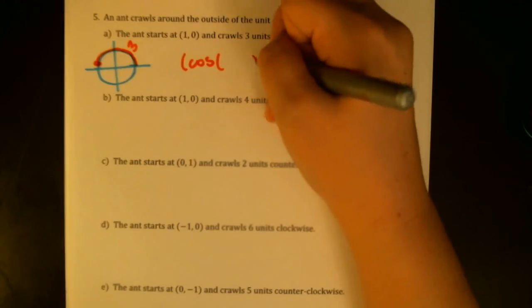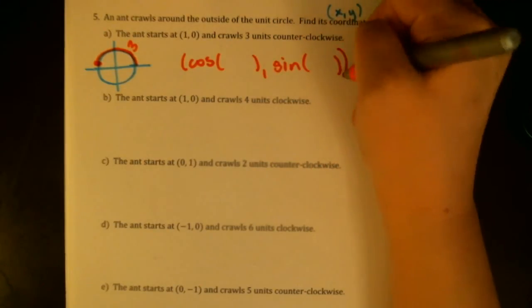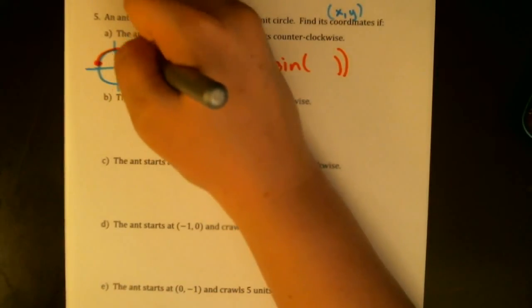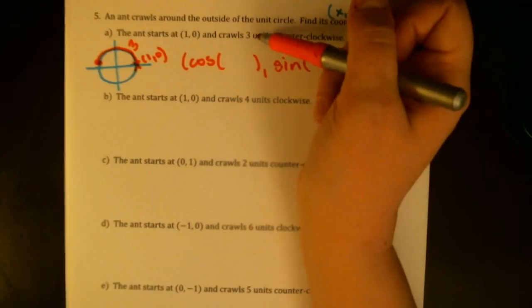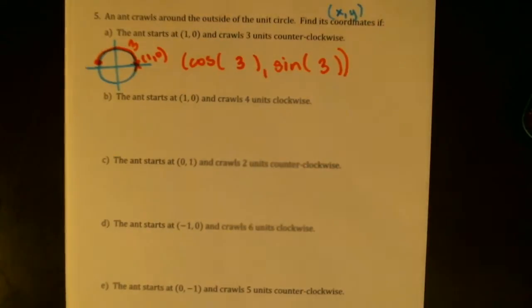And I get the y coordinate by telling sine how far the ant's gone from (1, 0). So here's my starting point, (1, 0). And I know exactly how far I've gone, 3 units. So this is just going to be cosine 3, sine 3.